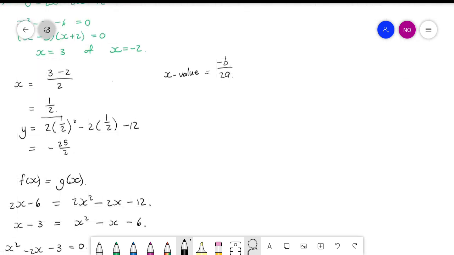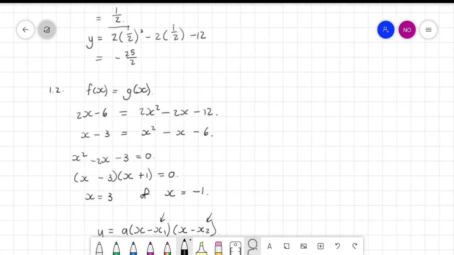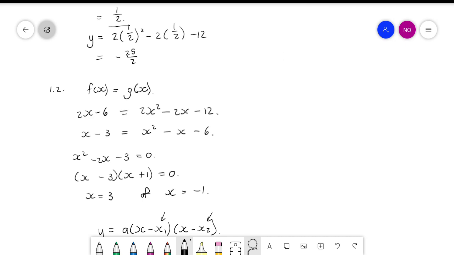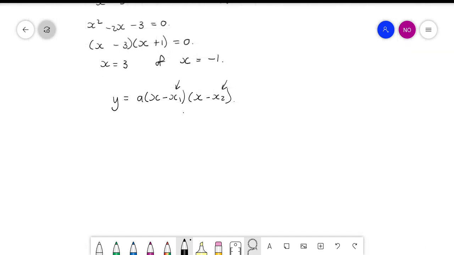This one. Or which one did you ask? This one. No, this one is another way to write the formula of a parabola. And we call this the intercept form. And then we have the standard form.